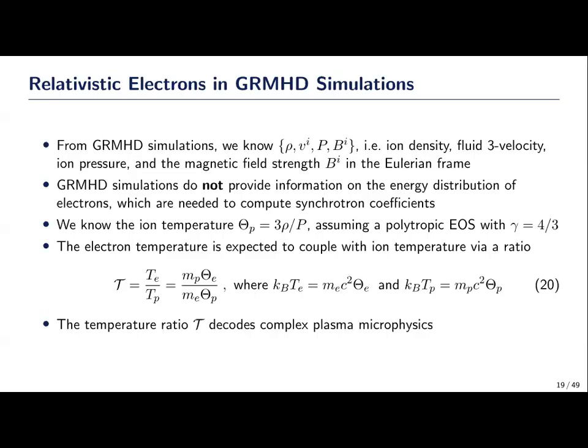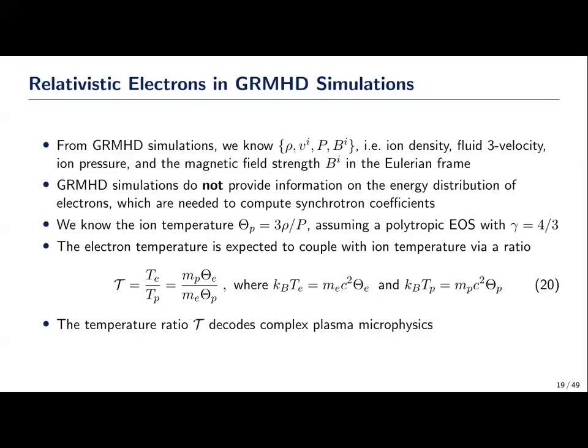There's absolutely no information about what the electrons are doing, and even if we had information, like in two-fluid simulations, it would still not be the electron distribution function because we are simply not tracking individual particles. Okay, so what can we do about this? Because we have to do something, right? We need to describe an electron distribution function somehow from known GRMHD simulation data.